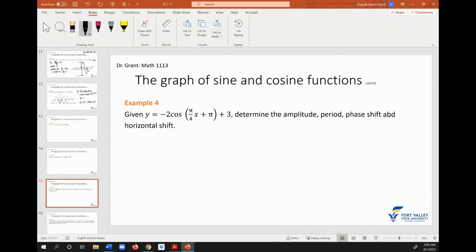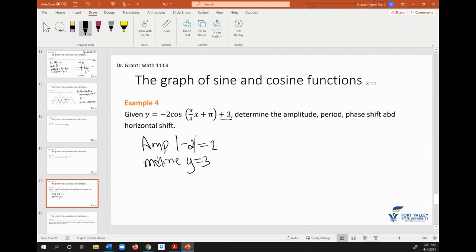So my amplitude is going to be the absolute value of -2, which is 2. Very good. My midline is y equals d. All right, what else do we need?